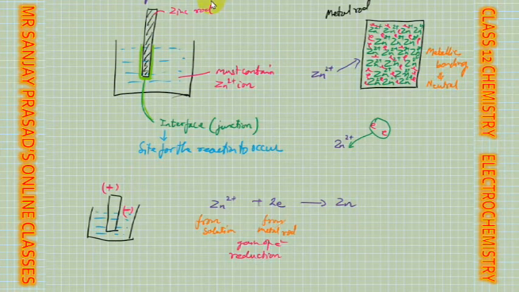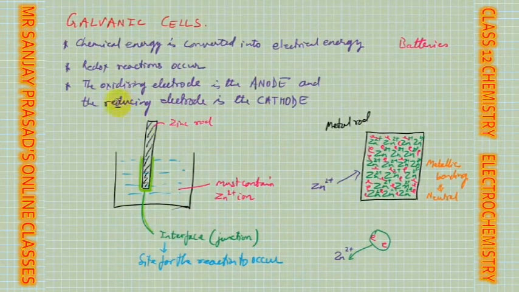So this electrode which we are forming is only a part where you can see reduction. So this is the reduction half cell. This will give you the reduction half cell, and wherever reduction takes place, what do you call that point? Where reduction occurs, which electrode? The reducing electrode is the cathode.